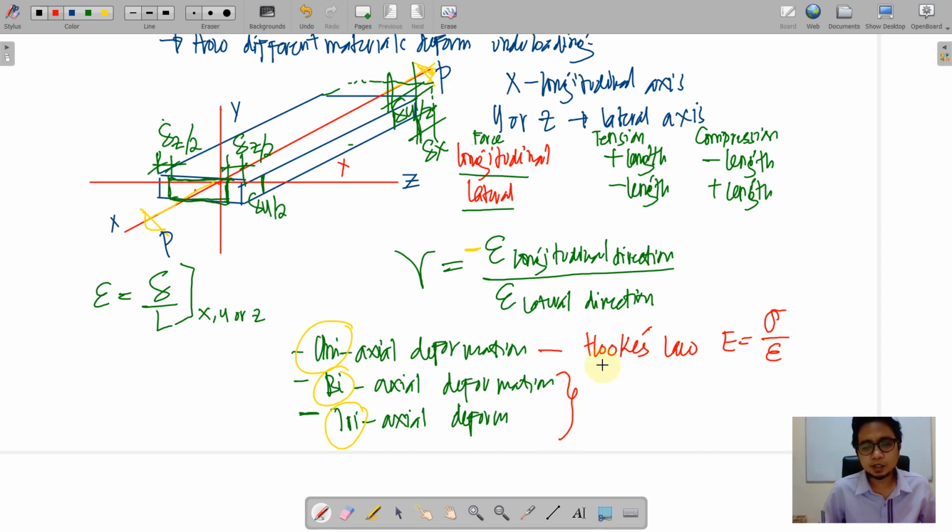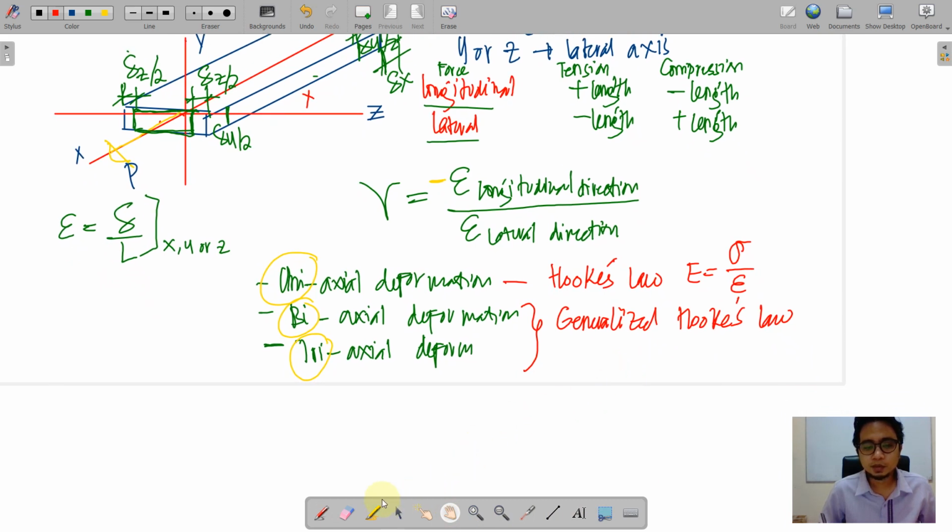But in this one, we will apply the generalized Hooke's law for this one. So the same principle, this also applied, however, superposition is applied. Principle of superposition is applied.